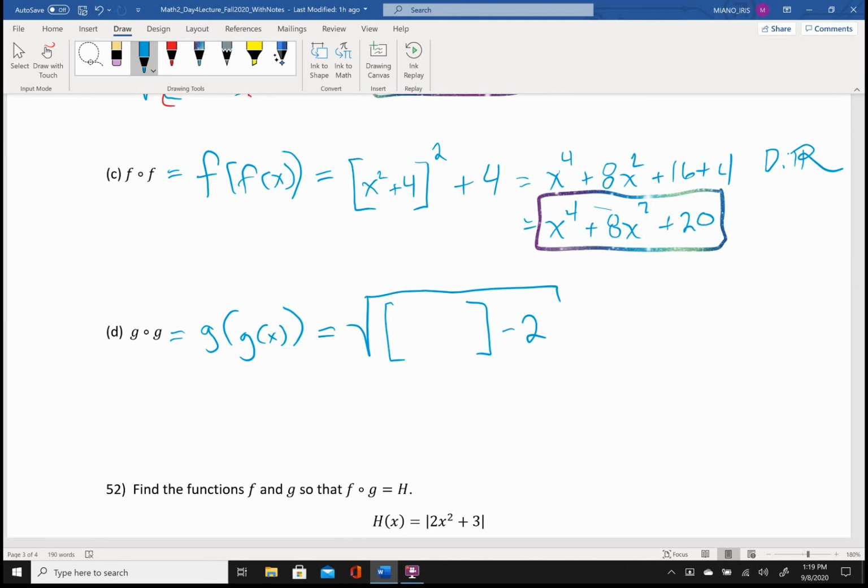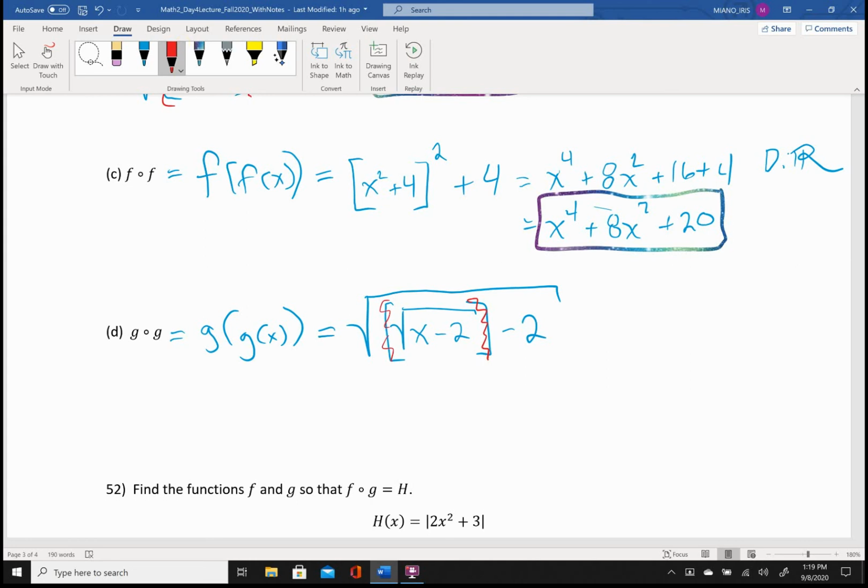G of something, I'm not sure yet, but what's the something that we're going to put inside of here, which replaces the x in the original function? It is the square root of x minus 2. Yep. So you may be looking at this and being like, oh, well, I don't really need this anymore. You are correct. But this stuff is still stuck inside of a square root there.